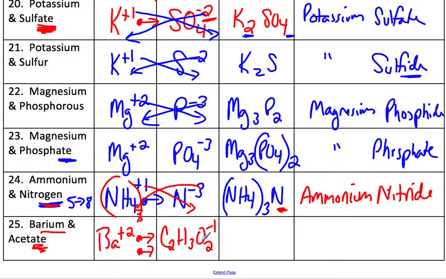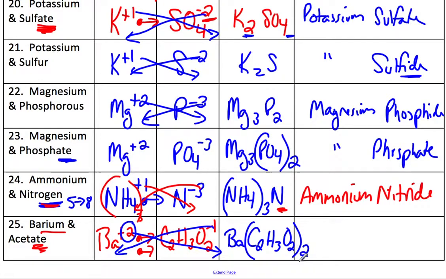And acetate says, well, I can only take 1, but I'll go find a friend. So when we crisscross our charges here, that 2 is going to be written after the acetate, and the 1's getting written after the barium. So it's Ba with imaginary 1, and then acetate, C2H3O2, that's my group, and I want 2 of those groups, so I put it in parentheses with a 2. So my name, barium acetate.